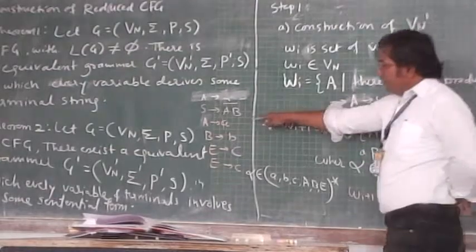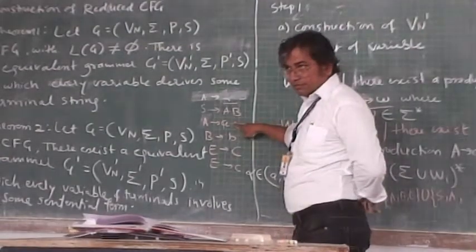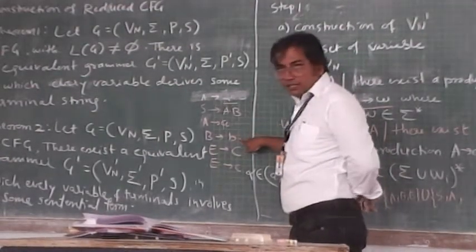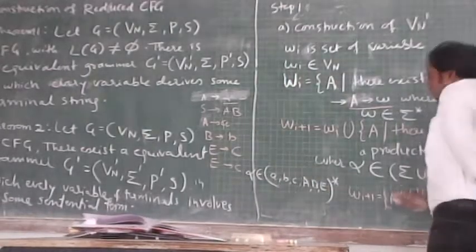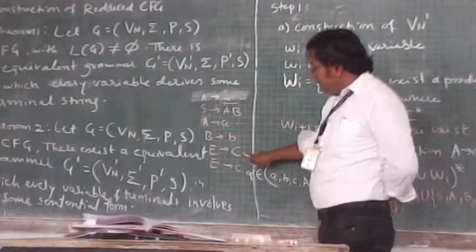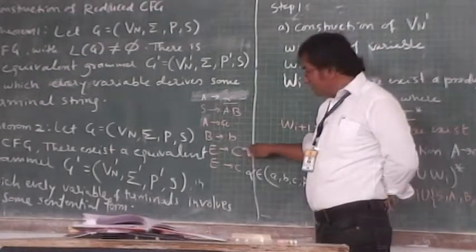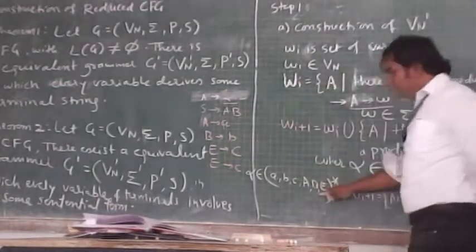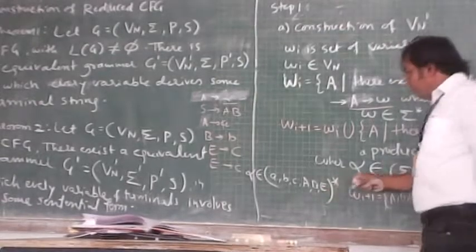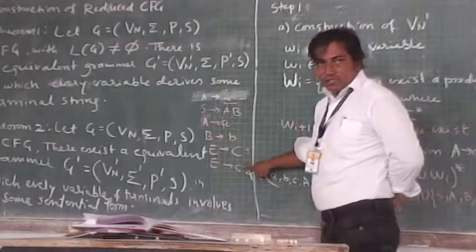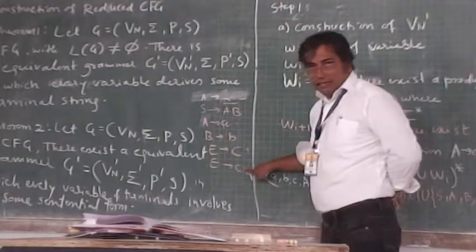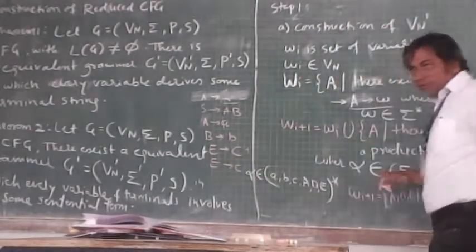Then does this production satisfy? Yes. So B should be included. Next production, E implies C. Can C be produced by using this closure? No. So it is excluded. Next, come to the next production. Can it be satisfied by this rule?